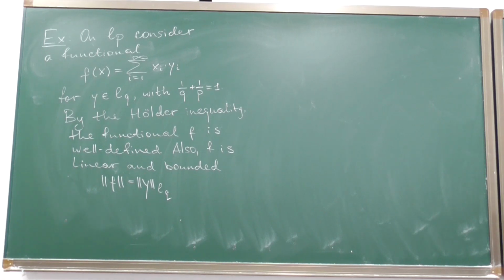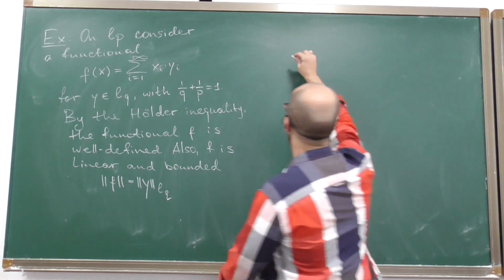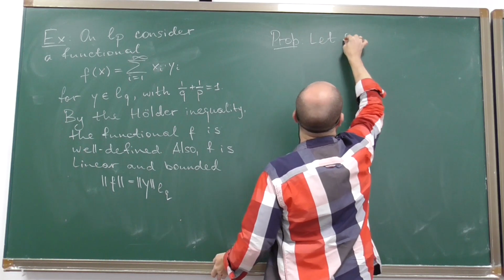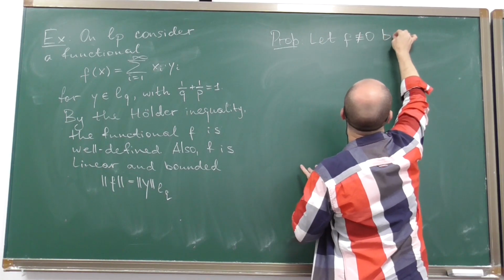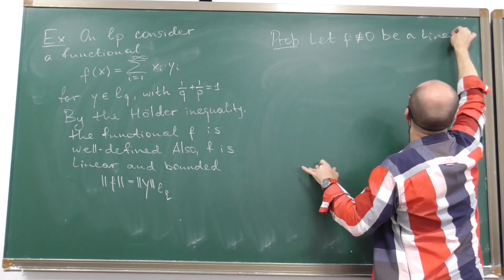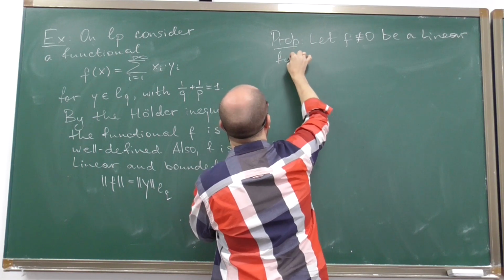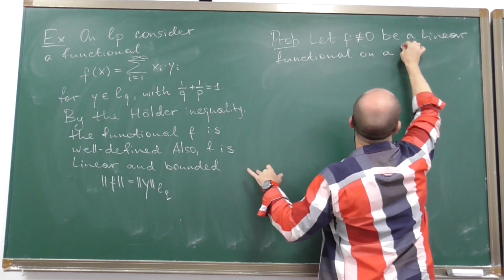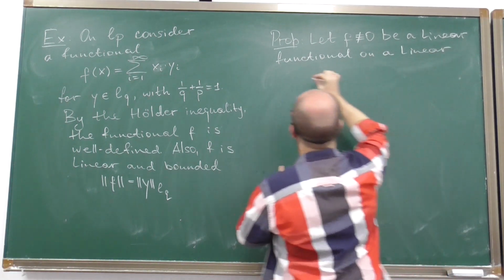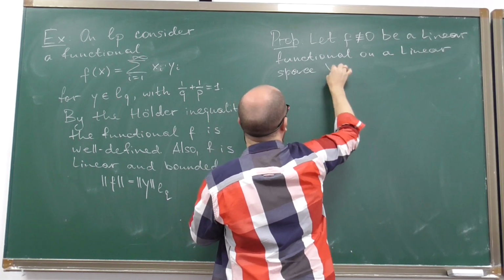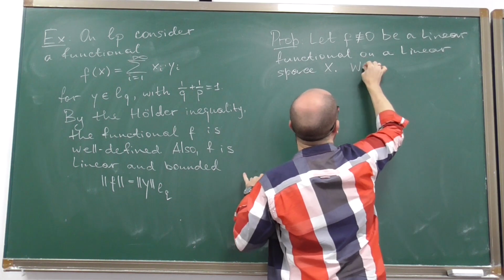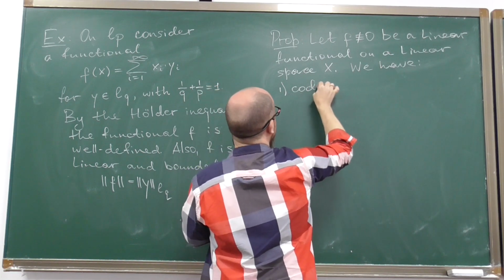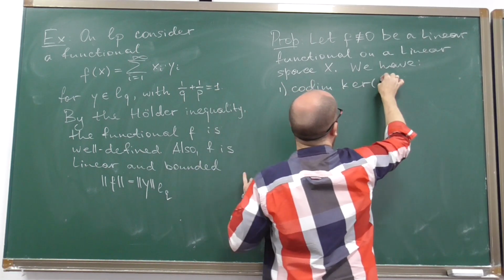Let us now discuss several properties of linear functionals. Let f, which is not identically 0, be a linear functional on a linear space X. Then we have, first, the codimension of the kernel is 1.